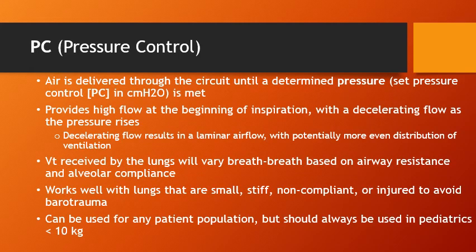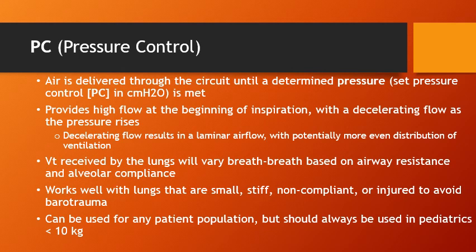Now, our second main breath type that we can choose to use is pressure control, abbreviated PC again. So in pressure control, the ventilator is going to deliver air through the circuit until a determined pressure is met. Now, that pressure is something we choose. We set a pressure control in centimeters of water.